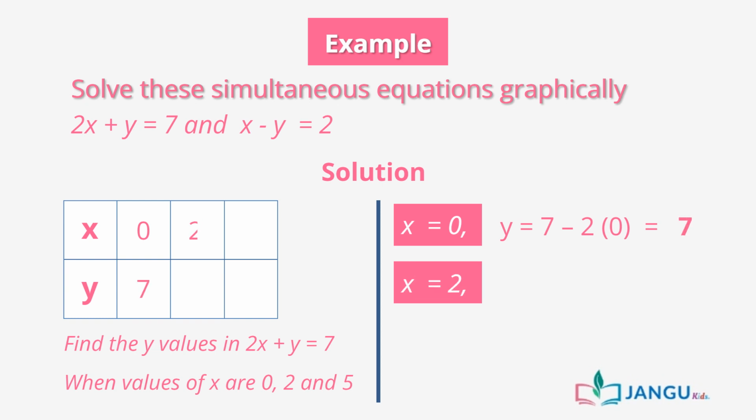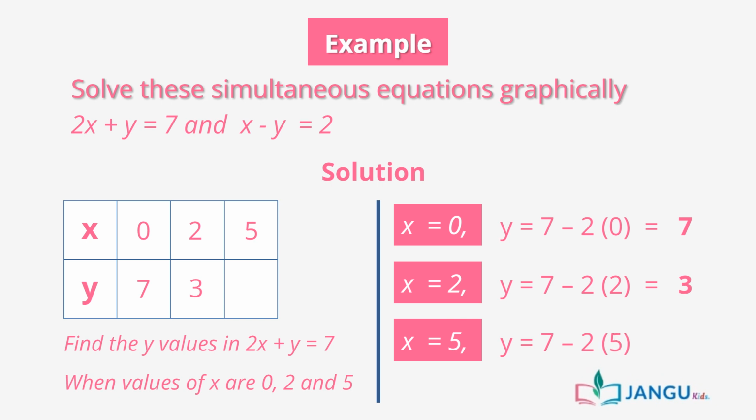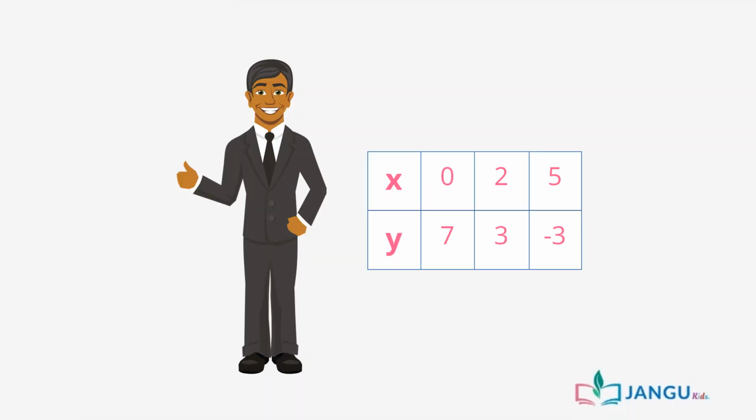When x is equal to 2, y is equal to 7 minus 2 times 2, which is equal to 3. And when x is equal to 5, y is equal to 7 minus 2 times 5, which is equal to minus 3. Well, ta-da! We're done compiling a table of values for 2x plus y is equal to 7.